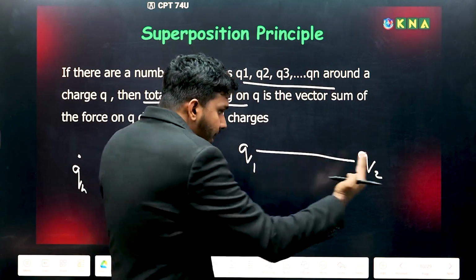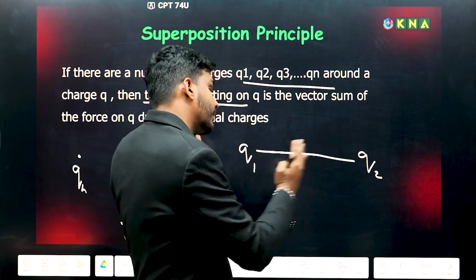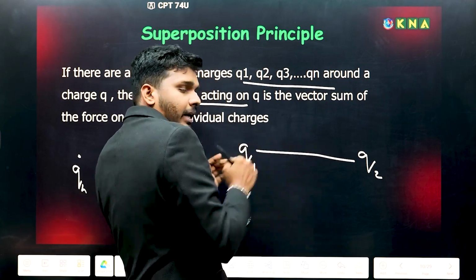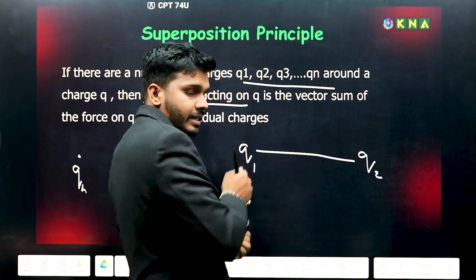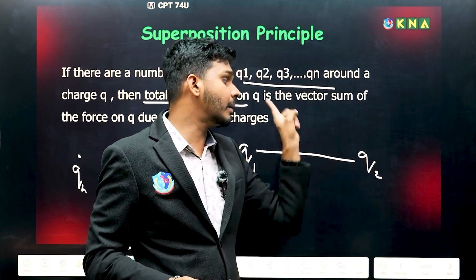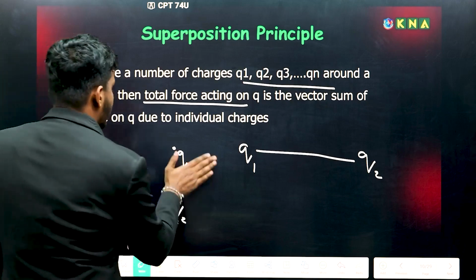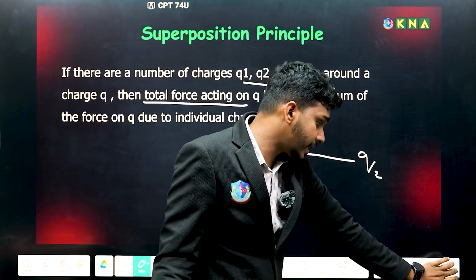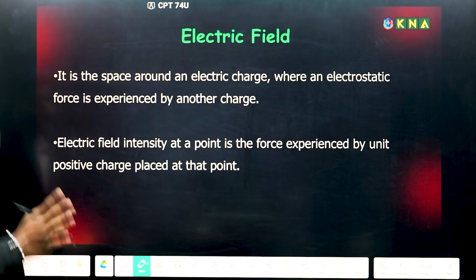For q1, mark the direction toward it for attraction and away for repulsion. Similarly for the q2 charge. That gives the magnitude and direction of force. But the total force is the vector sum of all forces. That is called the superposition principle.